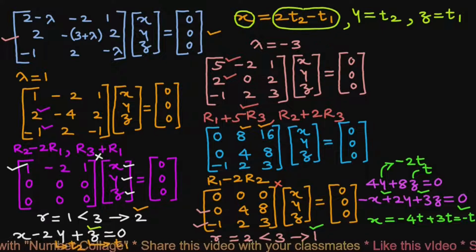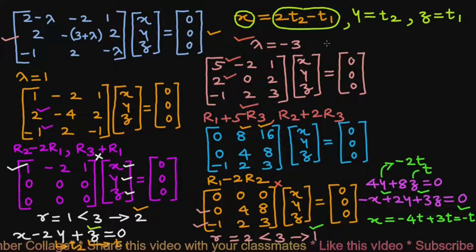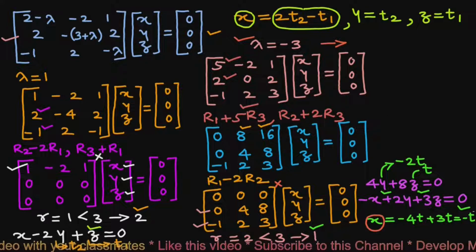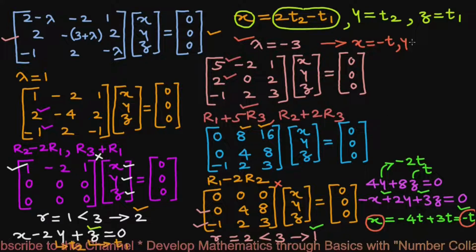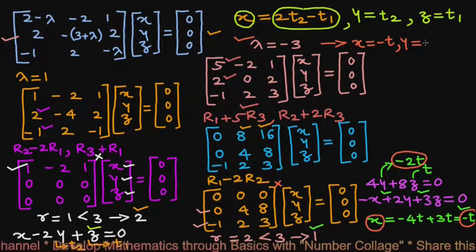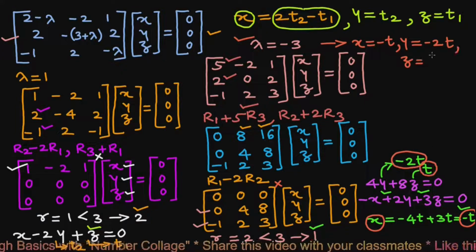So the solution of the equation when lambda equals minus 3 is x equals minus t, y equals minus 2t, and z equals t.